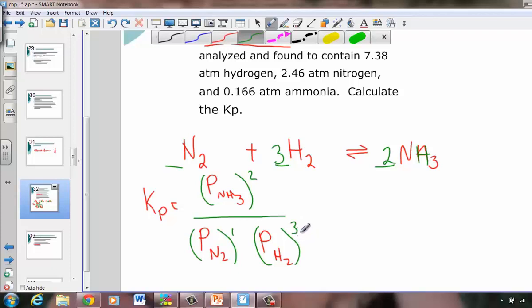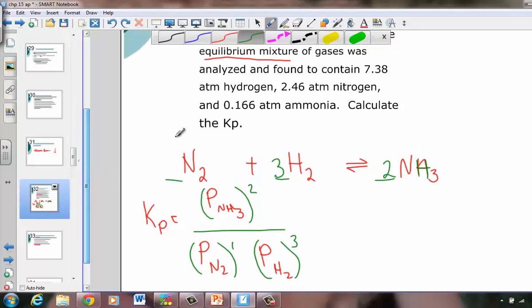So now it's just a plug and chug. We're given that information for each one of these. 7.38 atmospheres of hydrogen was its given value. 2.46 atmospheres for nitrogen, and 0.166 atmospheres of ammonia.